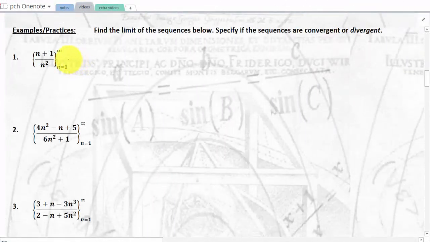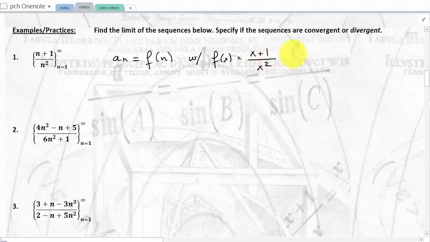All right, so here is the first sequence. Now, of course, this is an explicit way of writing a sequence. a_n is equal to f(n) with f(x) equal to (x + 1) over x squared. Now, we have seen that in unit 3. Right? In unit 3, this is the limit of a rational function.